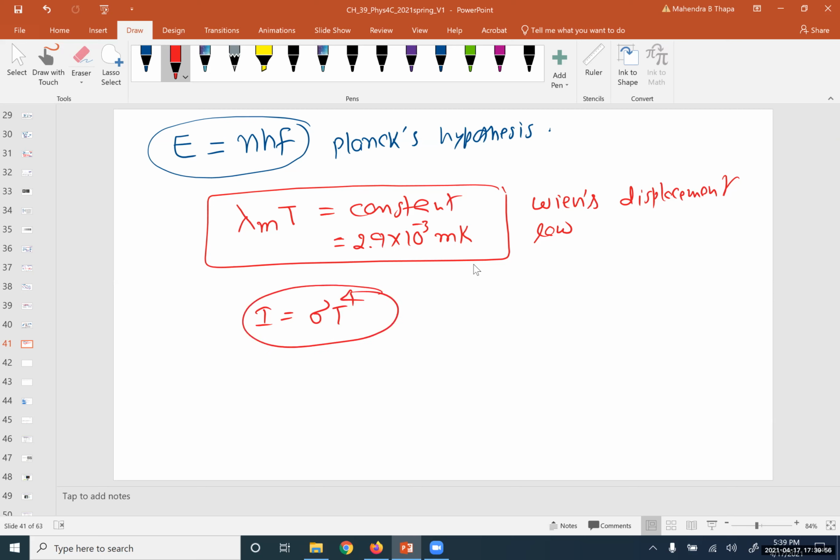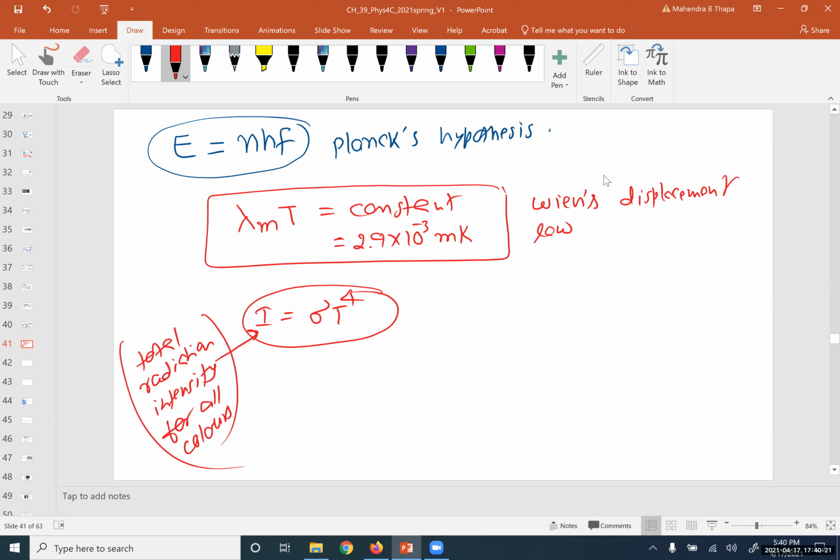In this case, I is the total radiation intensity for all colors. So this kind of black body radiation is explained on the basis of Planck's hypothesis.